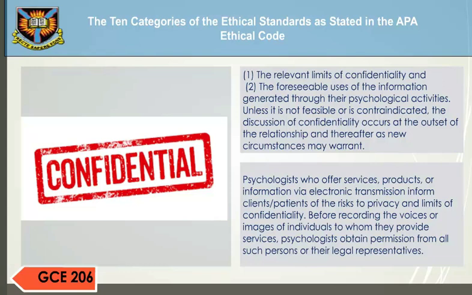The foreseeable uses of the information generated through their psychological activities. Unless it is not feasible or is contraindicated, the discussion of confidentiality occurs at the outset of the relationship and thereafter as new circumstances may warrant.